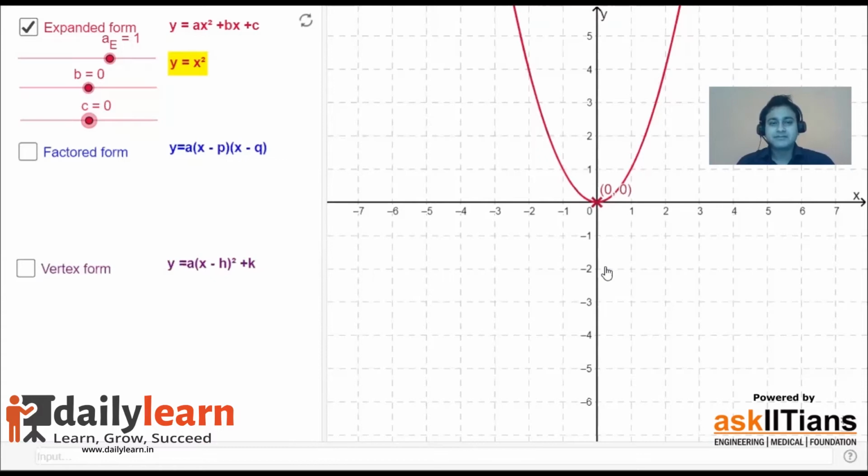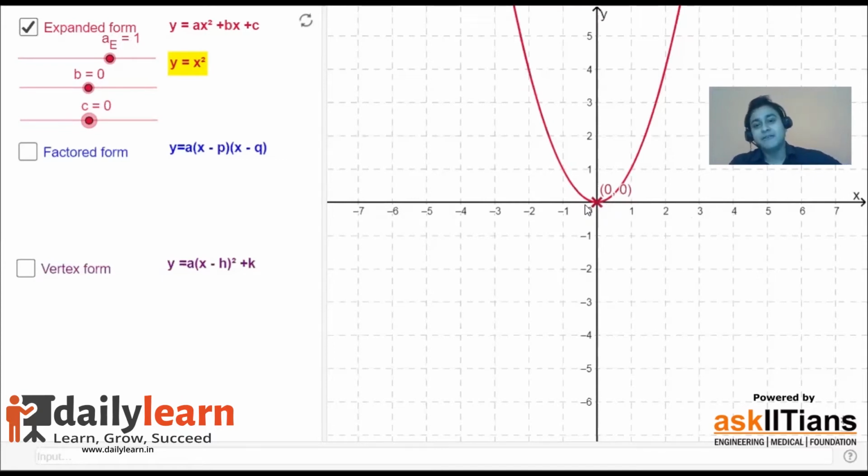Now, as we already know, this quadratic equation will have some zeros, and as you can see, this graph becomes 0 at x equals 0. So x equals 0 is its only zero, and that is also called the root of the quadratic equation.